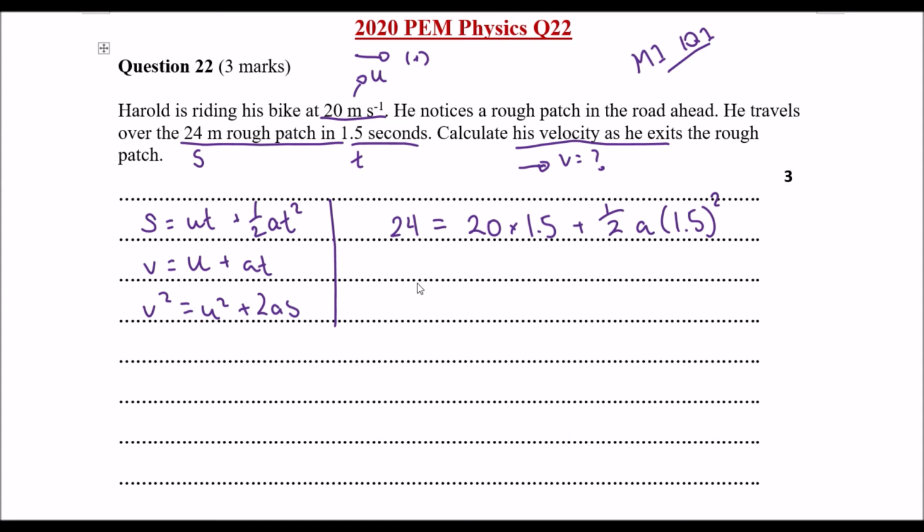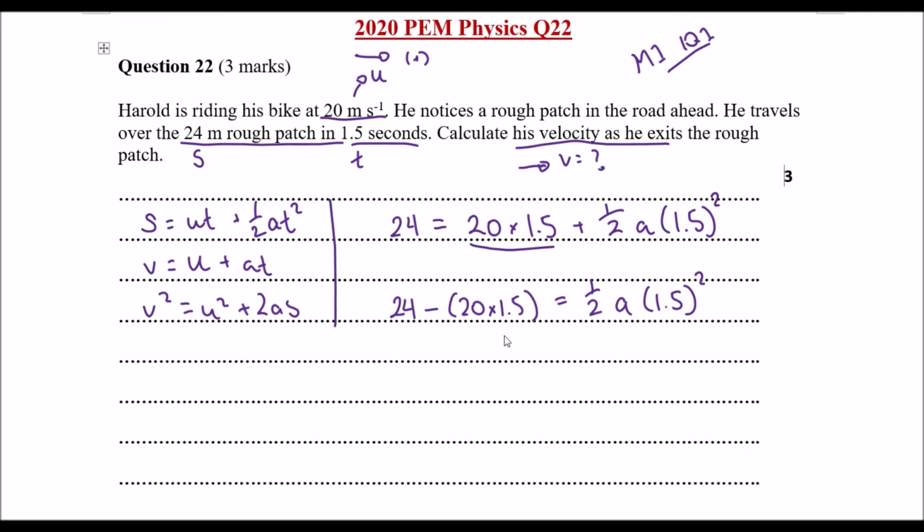Next, what we want to do is to adjust our equation around so we can have a as the subject of the equation. So we get 24 subtracted by the 20 times 1.5 equals half a 1.5 squared. Okay, so there's that.